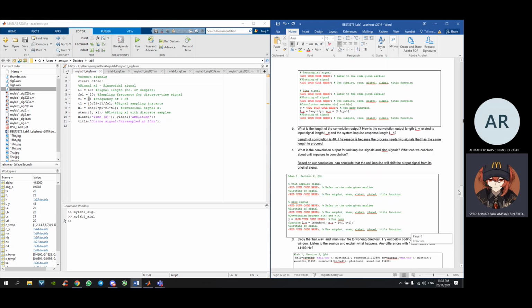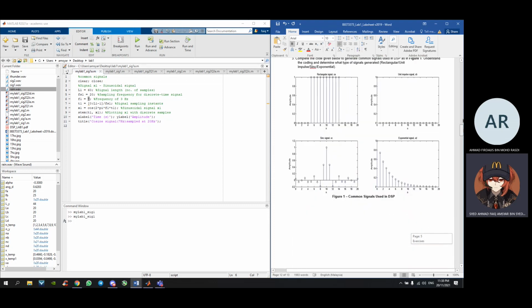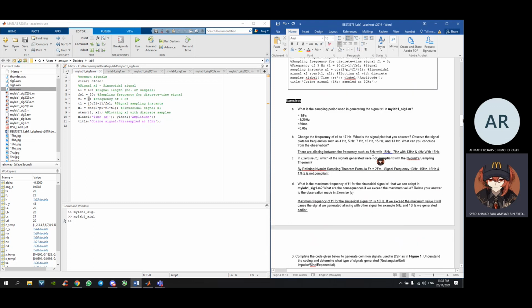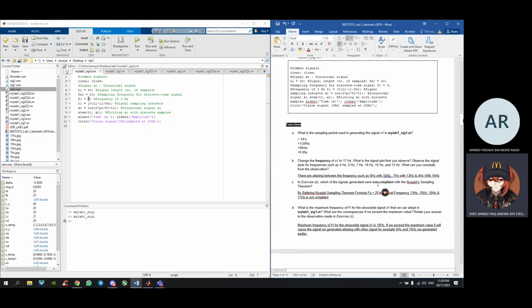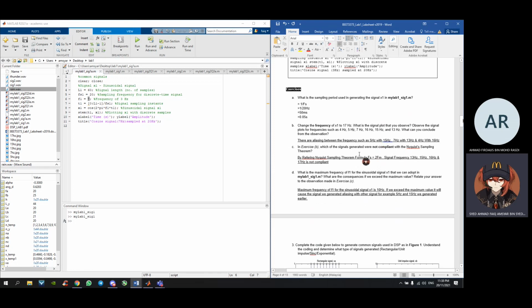So we can conclude that there is aliasing between the frequencies, such as 5 hertz with 50 hertz, because the difference between these two is quite big, so we can see the difference clearly.